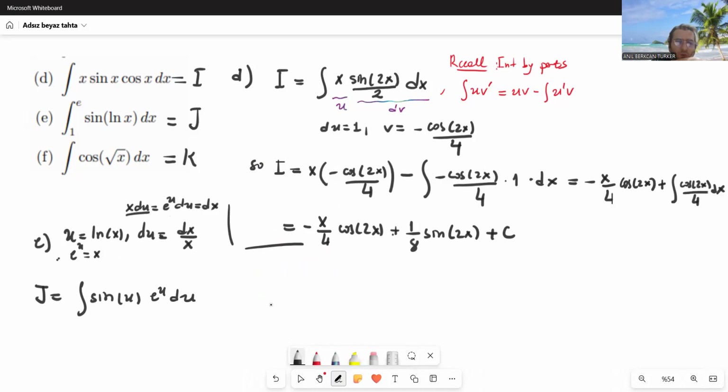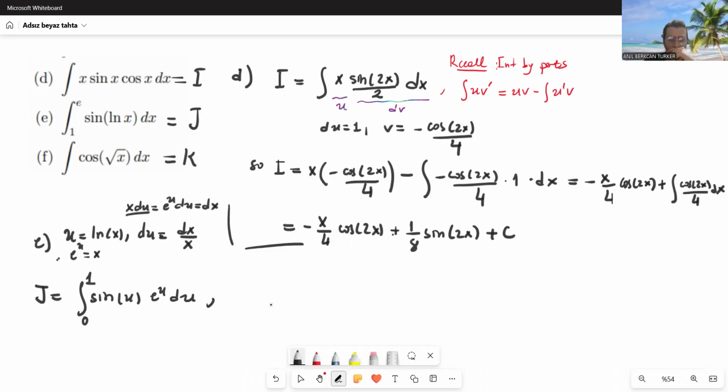When you put x equals 1, u becomes 0. When you put e, ln e becomes 1, so it is 1. So this is now your integral. You can calculate it, but there is nothing special about the boundaries that makes the calculations easier. So let's calculate the antiderivatives.